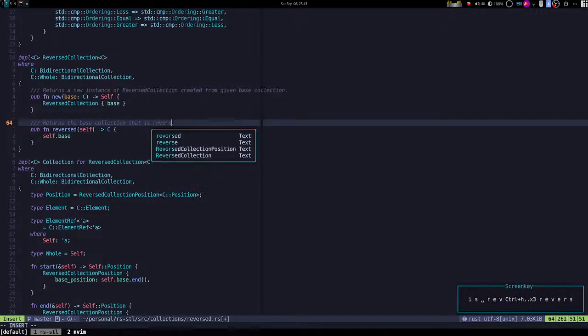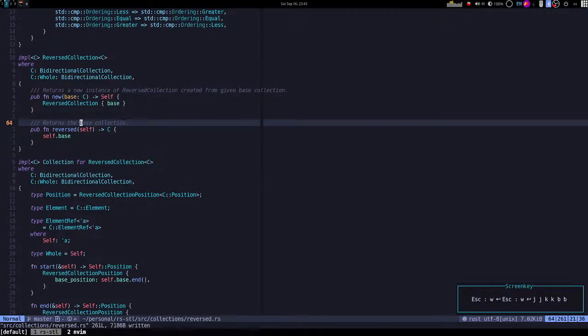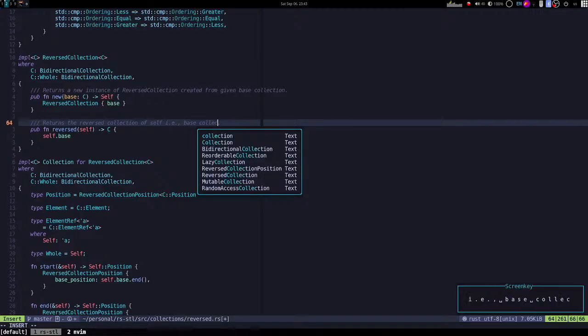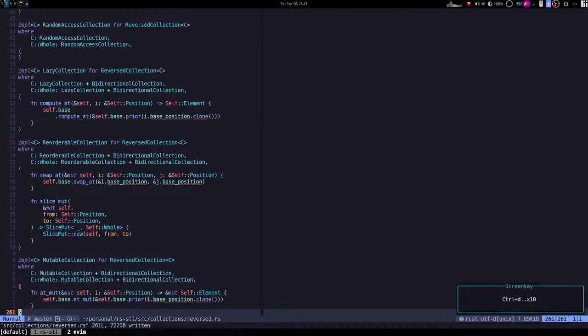The base collection. So we are done with some sort of these things also.